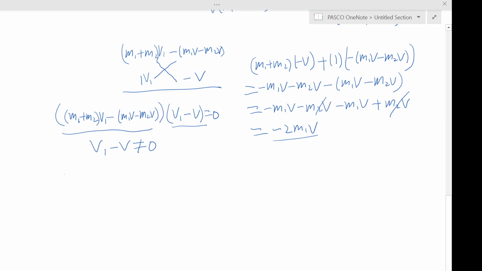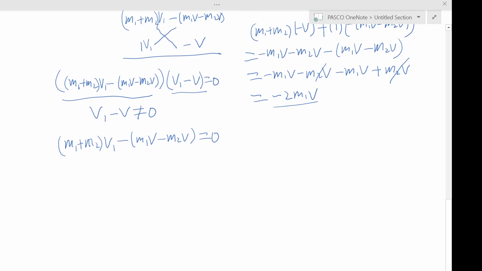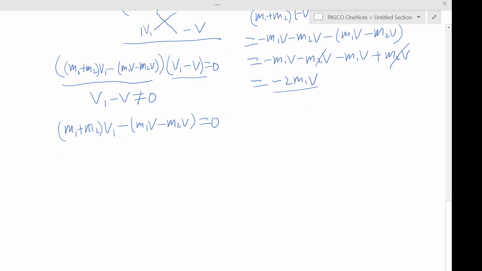So that leaves us m1 plus m2 times v1 minus m1v minus m2v equals 0. So the first factor has to be 0. And there we go, we get v1 by itself, then we can represent v1 with v.